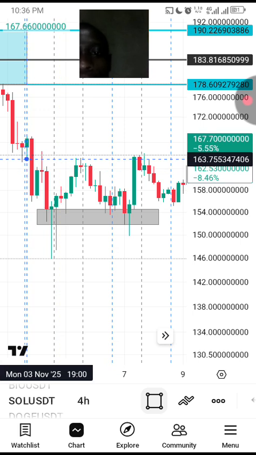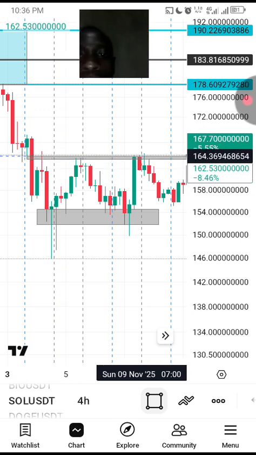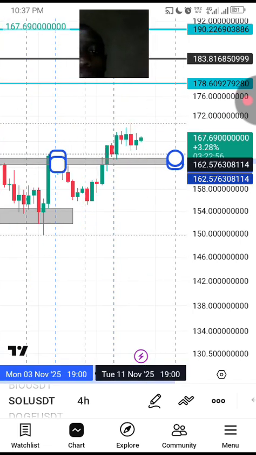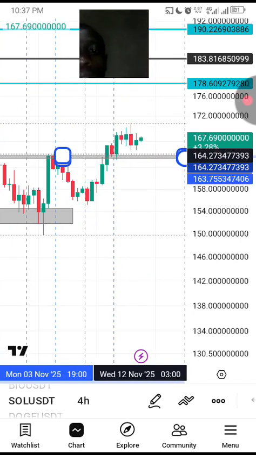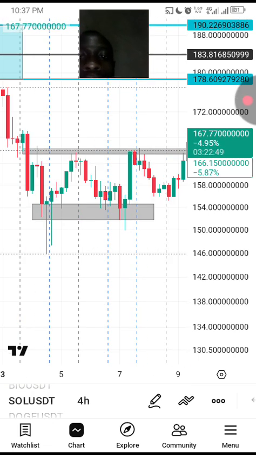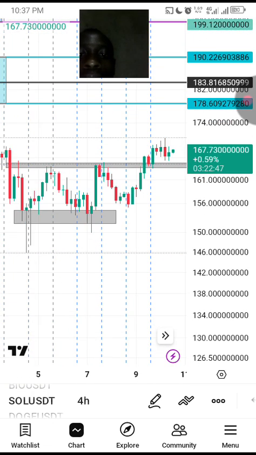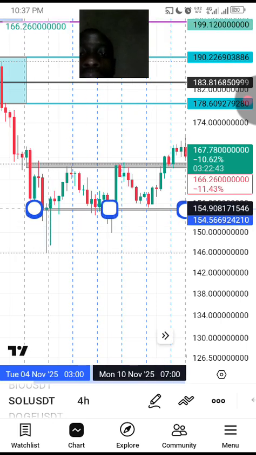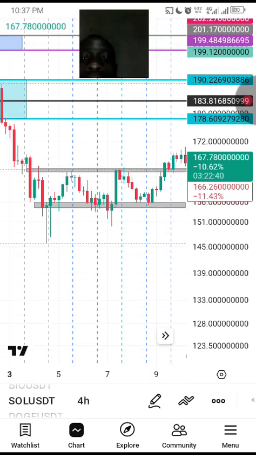The market has been moving sideways. So do you see, this is a sideways market.